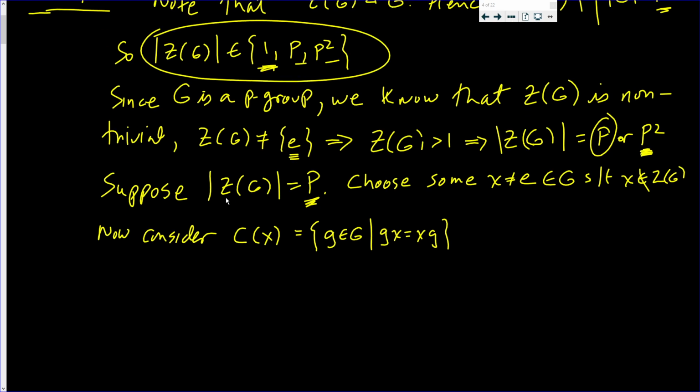Clearly, C(x) is not empty because, for example, ex equals xe, and x itself is in there, since x times x equals x times x.